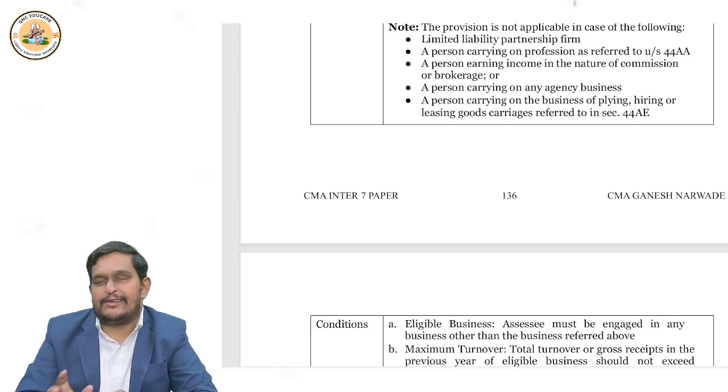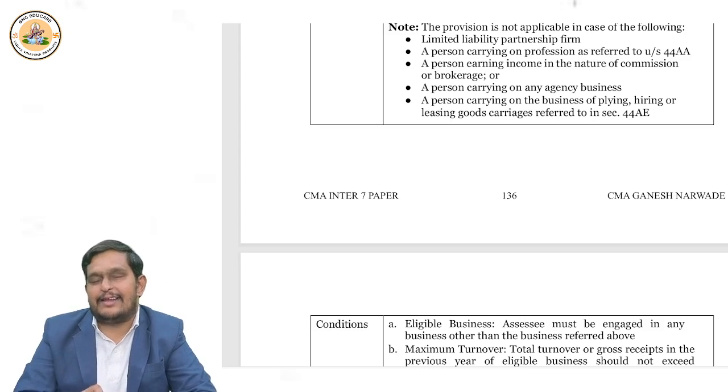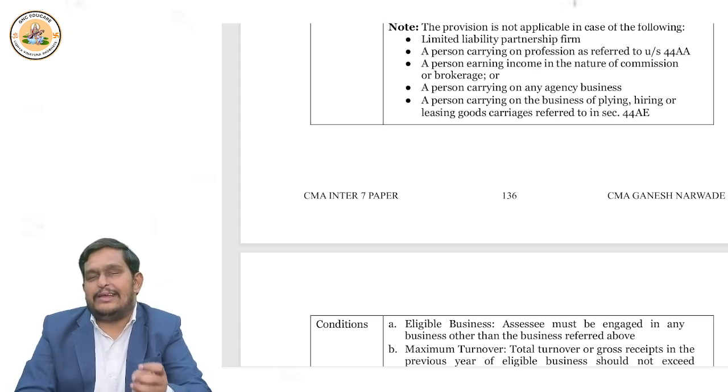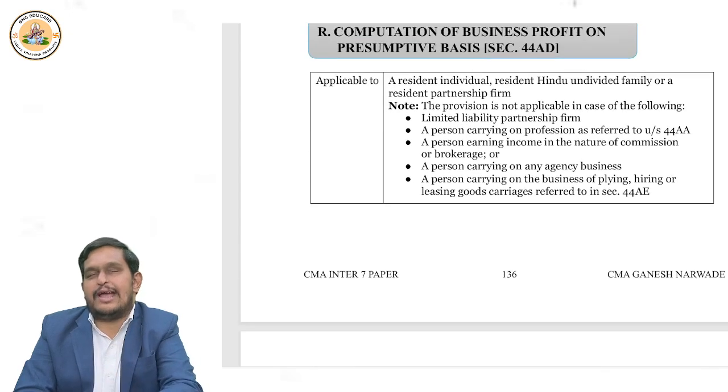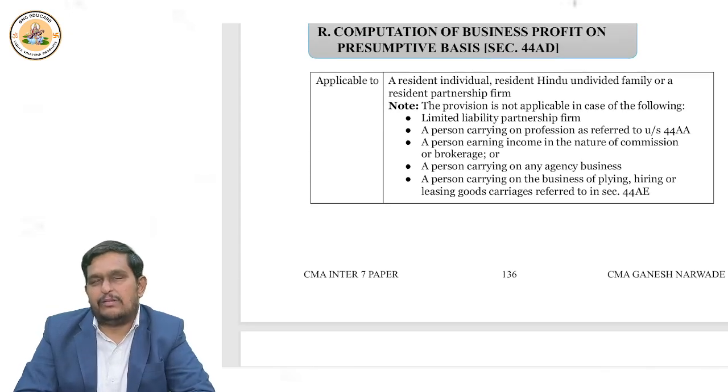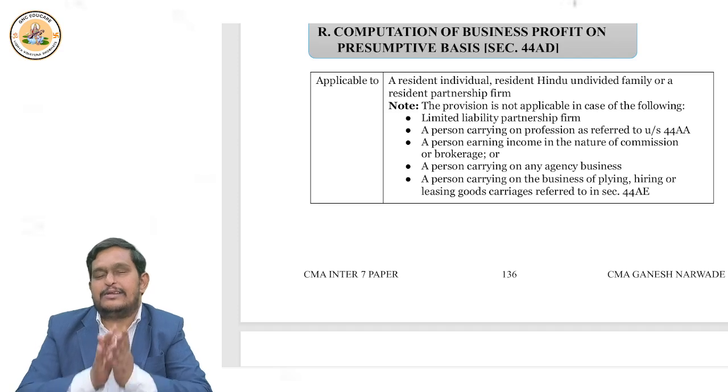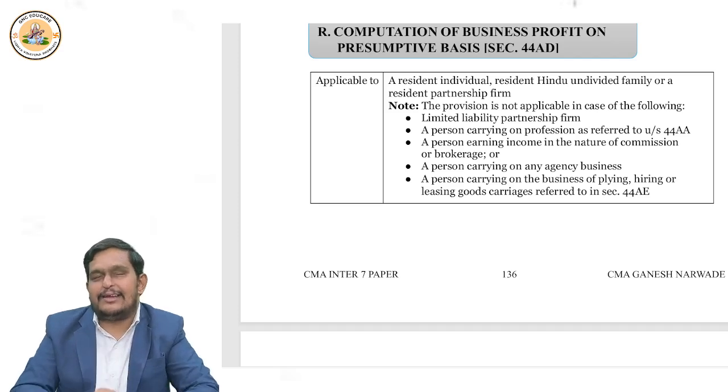The last one says that this section doesn't apply to plying, hiring, leasing goods carriage vehicles under section 44AE. So these 5 types of businesses are there to whom section 44AD doesn't apply.